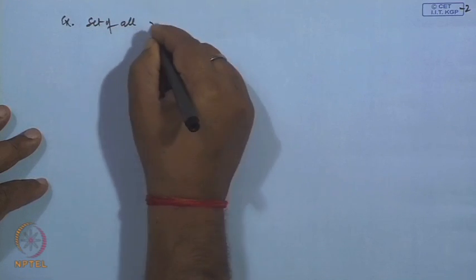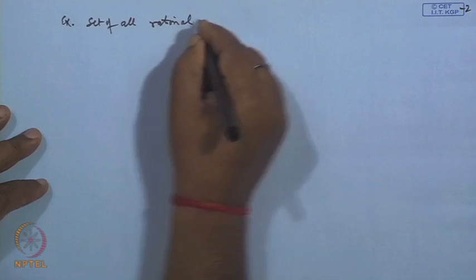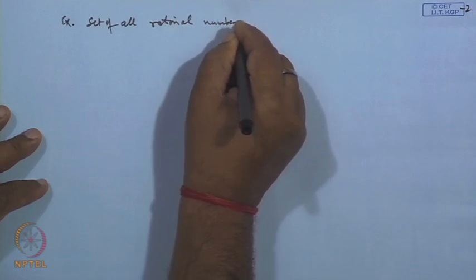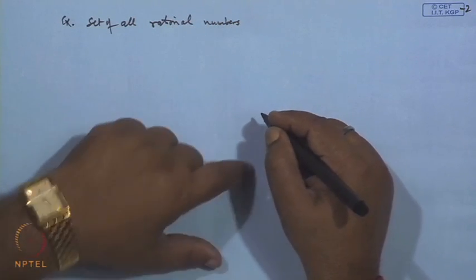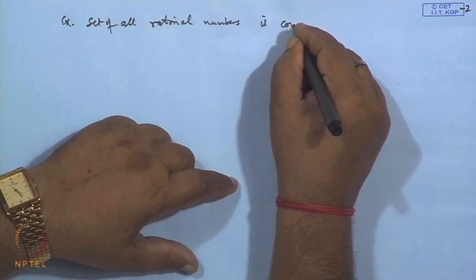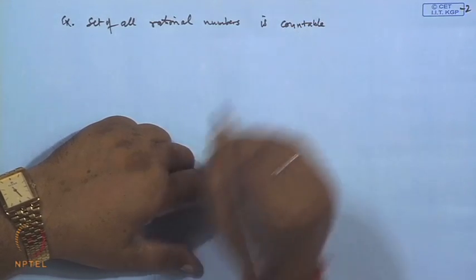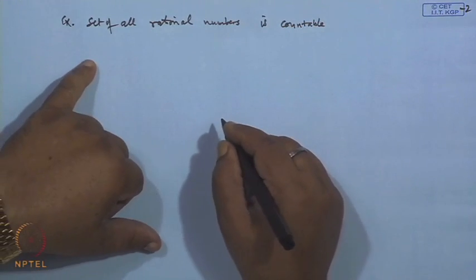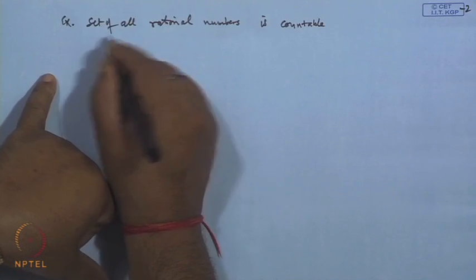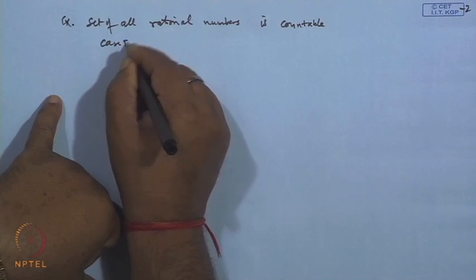Then another example which we are doing: the set of all rational numbers is a countable set. This also we have discussed. Let us take the different cases here again.